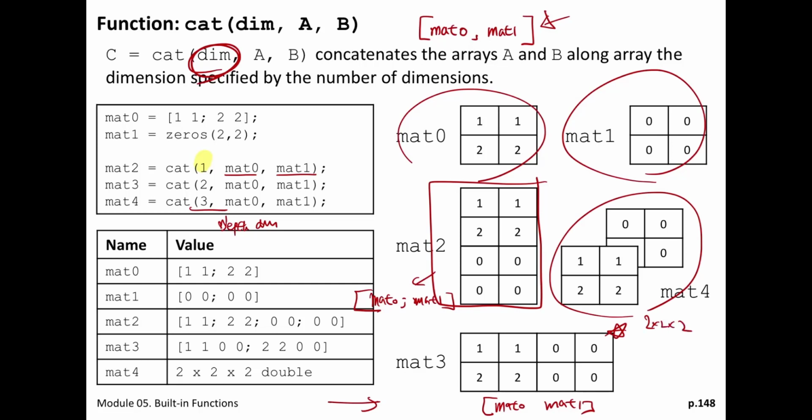So actually the cat function is useful for joining multiple matrices, or joining matrices in depth, because there's no matrix-like syntax to join. In the horizontal direction and the vertical direction, you have this syntax, right? But in the depth direction there's no such syntax. So this cat built-in function is useful in that sense. Okay?